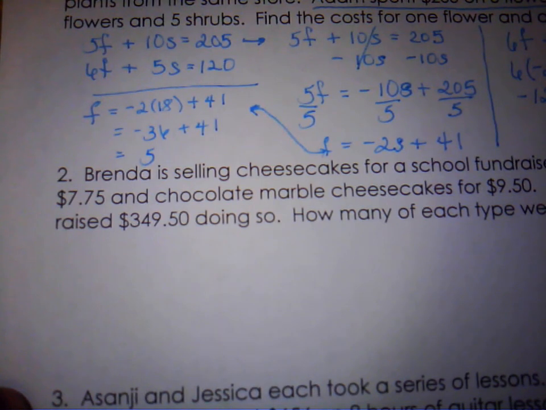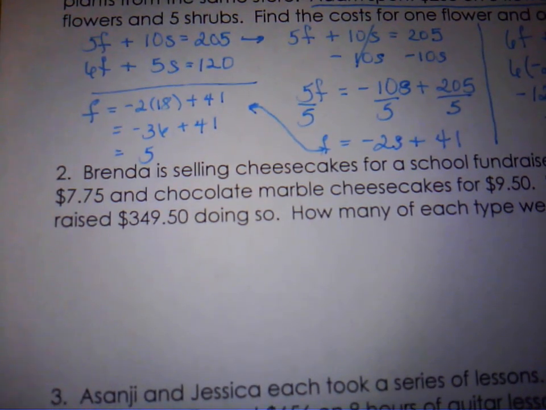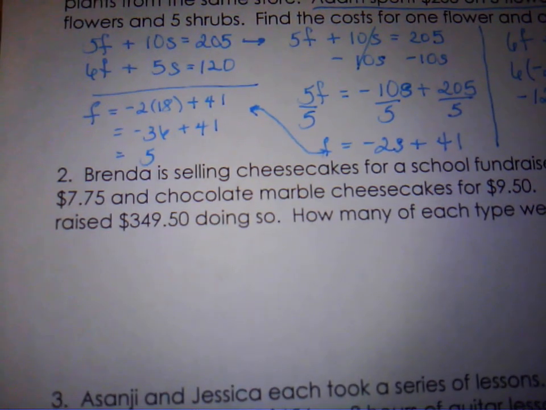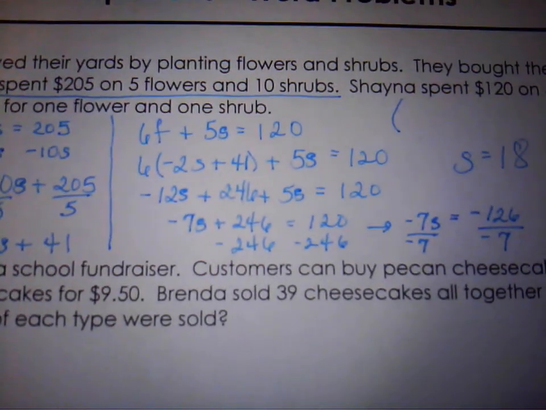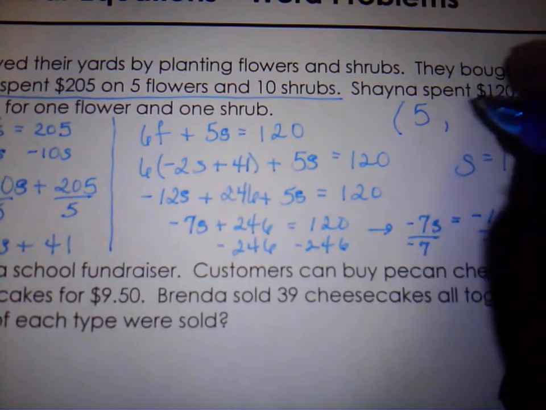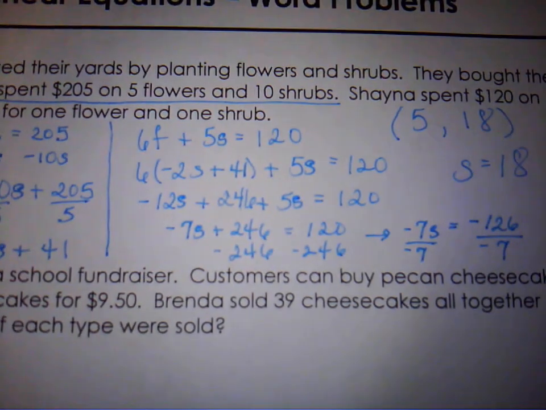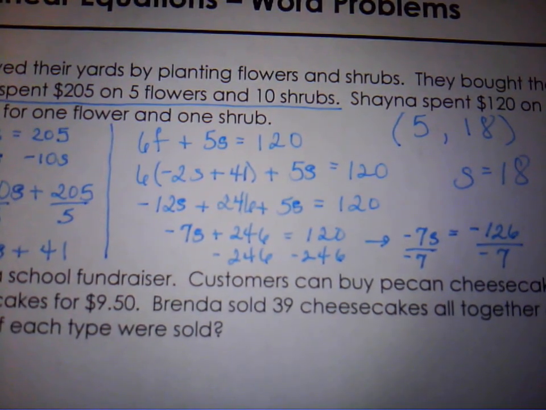So my final answer is, normally we would write it as an ordered pair, but because it's not an XY situation, I guess because we have the F coming first, S coming second, you can write your answer as 5,18 because it does come first in the equation.